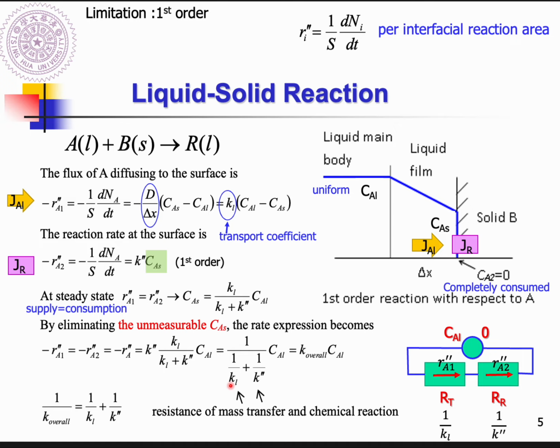So the transport coefficient is inversely proportional to the resistance. So the reciprocal of the transport coefficient will be equal to the resistance. So if you have a larger K_L, it means transport is faster, right?